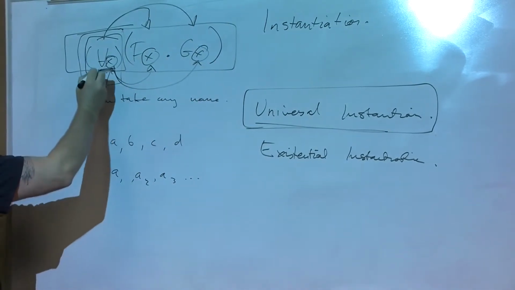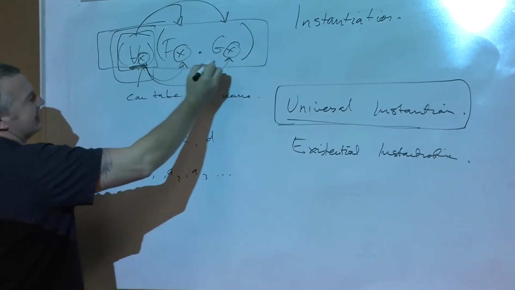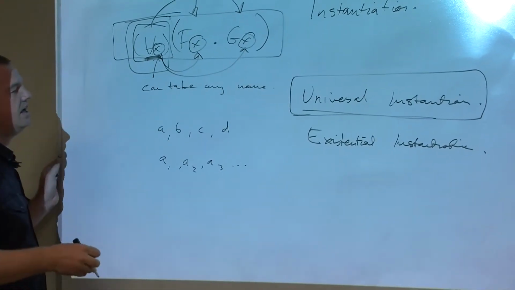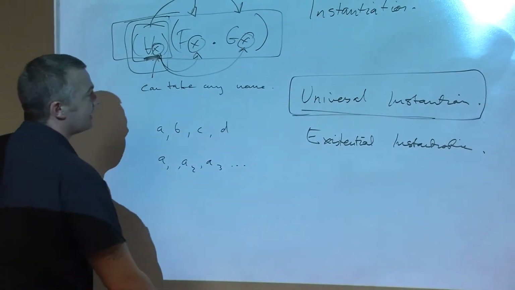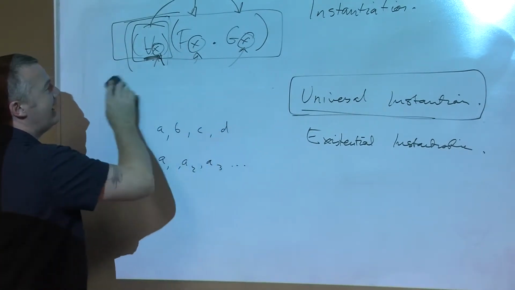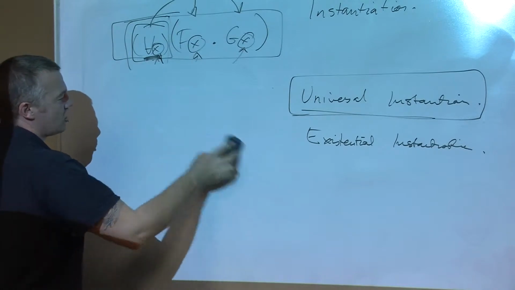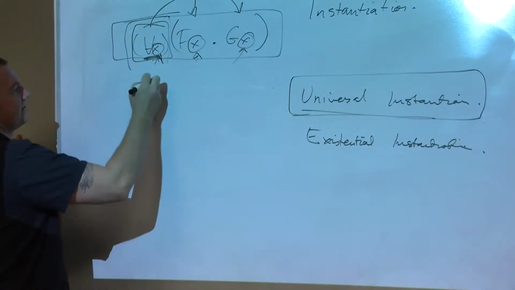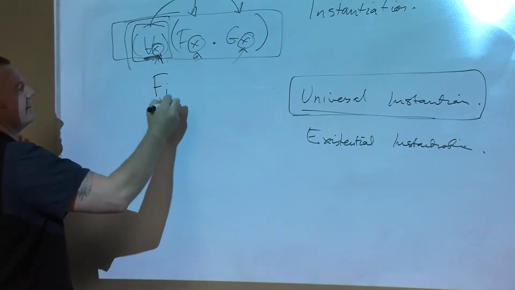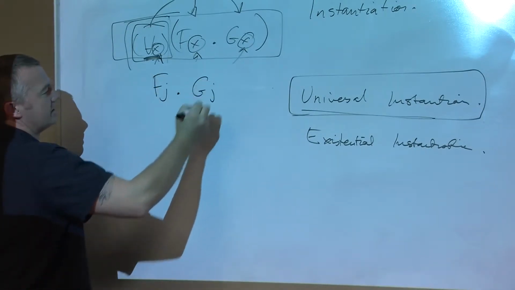And it says, for all x, fx and gx. By universal instantiation, we can replace the x's with any name, drop the quantifier, and come out with a statement like the following: fj and gj.